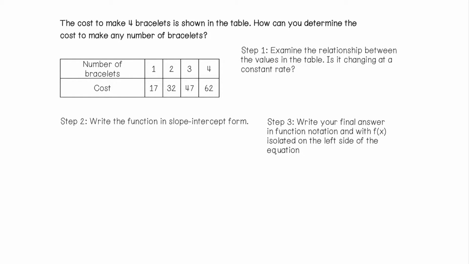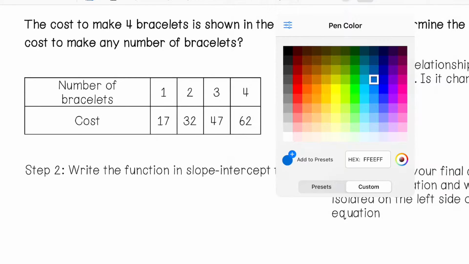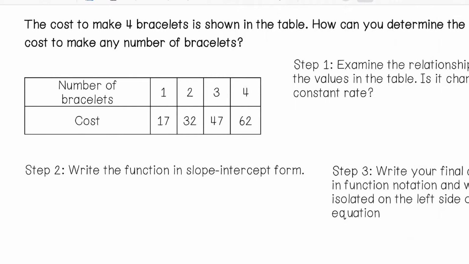So looking at this, I'm going to see how our values change and try to figure out if it's consistent. When I compare the number of bracelets, each of these values are increasing by 1. If I compare the cost as my number of bracelets increase, I can see that the cost is also increasing by a consistent amount.